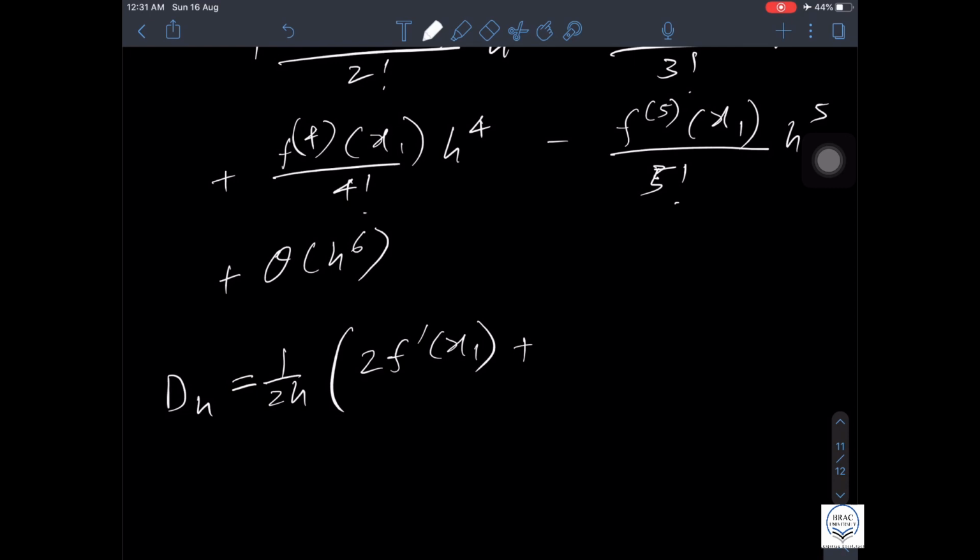plus 2 f triple prime. I should not use prime because I was using 1 there.